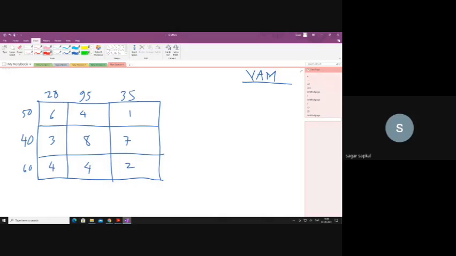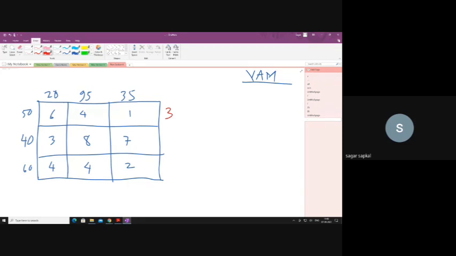Is it correct? Yes, sir. Find the difference between these two. 4 minus 1 is nothing but 3. Write down this 3 as a penalty cost. If we miss allocating to 1 and allocate to 4, then we will miss the difference of 3. So that is called the penalty.